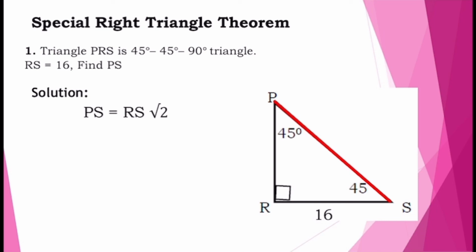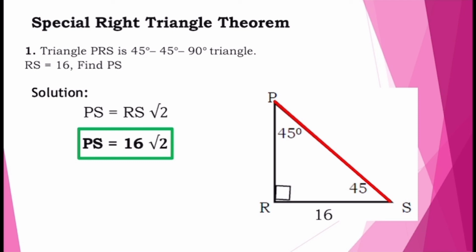We all know that the hypotenuse is square root of 2 times as long as each leg. Therefore, PS is equal to 16 square root of 2. So that is the measure of our PS.